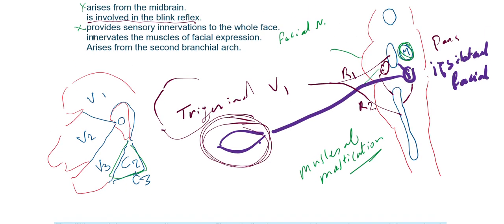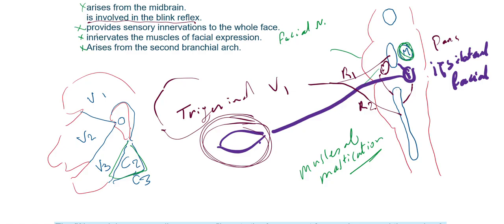The last option, I consider it very related to option number 4. It arises from the second branchial arch. This is wrong. It arises from the first branchial arch.